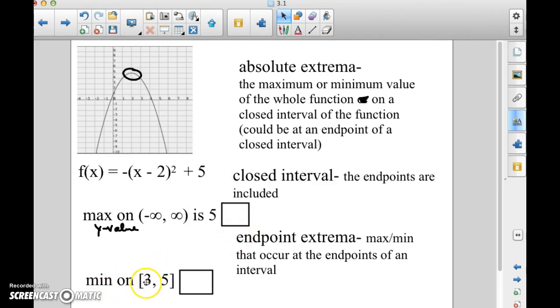The minimum on the closed interval, we can tell it's closed because of the brackets, 3 to 5, occurs here. Here's 3, and here's 5. 3 and 5 are x values. If I want the minimum on the interval from 3 to 5, I want the lowest y value, so that would be negative 4.